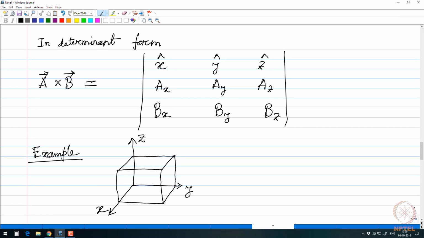Here is the cube, and we have two vectors. This is vector A and here is vector B. We want to find the angle between these two vectors, that means this angle, let's call it theta.